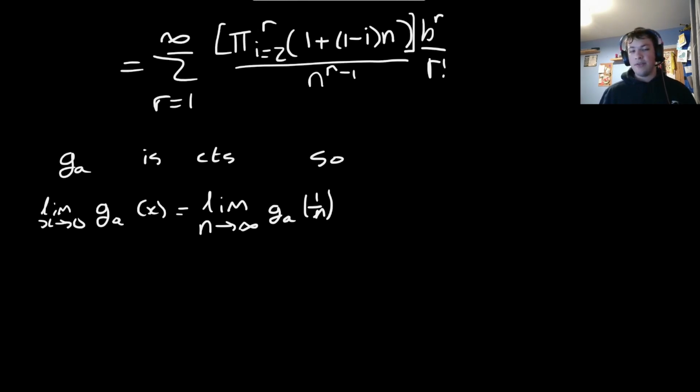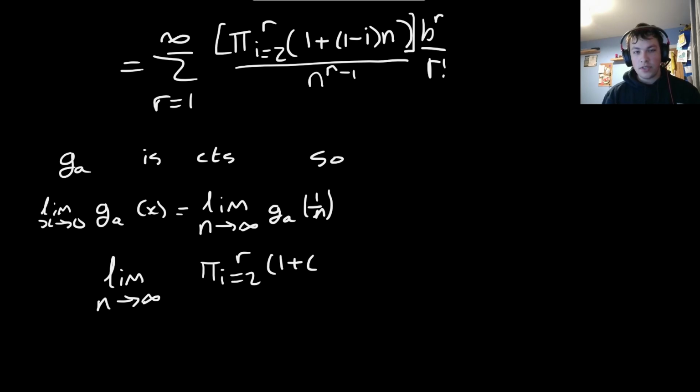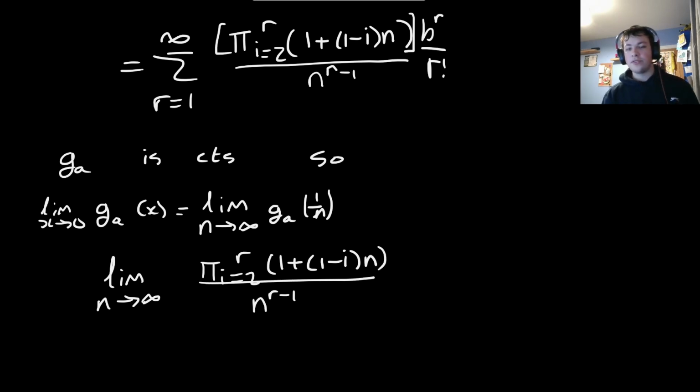And we can work out this limit from GA. So first of all, the limit as n goes to infinity of these weird terms, the product from i equals 2 to r, 1 plus 1 minus i n over n to the r minus 1, where we've got the brackets on top, the constant terms, this plus 1 is going to be irrelevant.